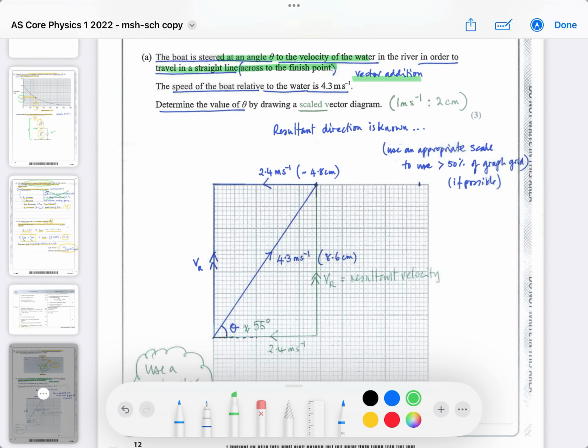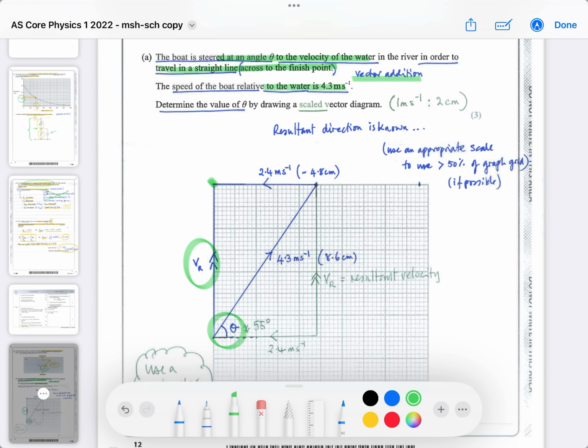The speed of the boat relative to the water is given as 4.3 meters per second. So the boat is going 4.3 meters per second at an angle theta. There's the angle theta, I've drawn it. Now you know you want to finish exactly opposite. So you know that the resultant velocity should be getting you to the finishing line.